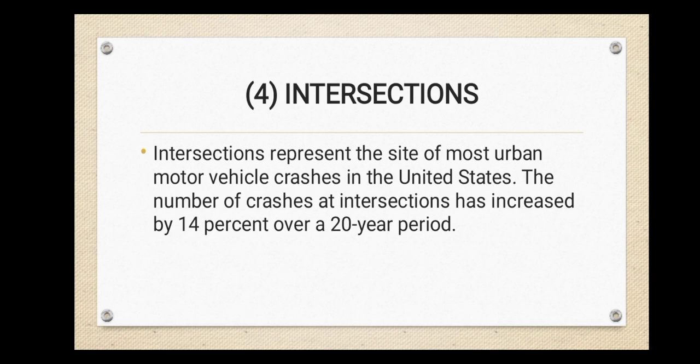An encouraging trend, however, is the reduction in severity of intersection crashes, such that fatal crashes have reduced by 11% over the same 20-year period to 28% of the total.